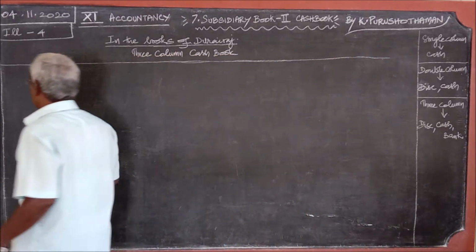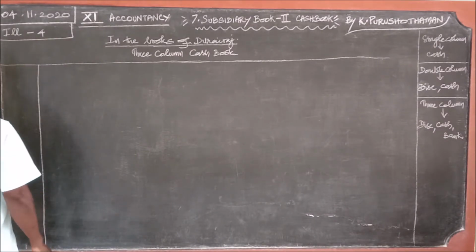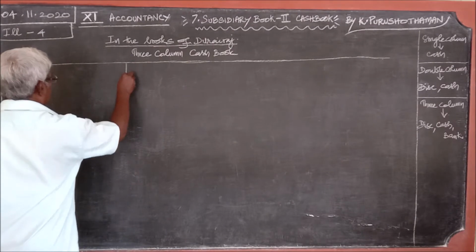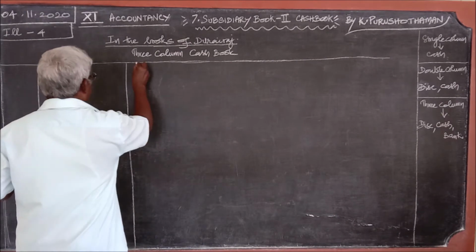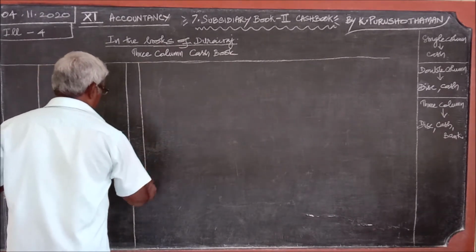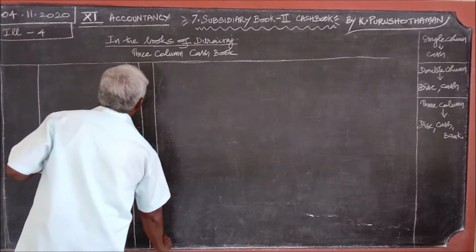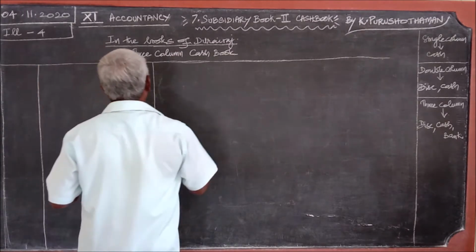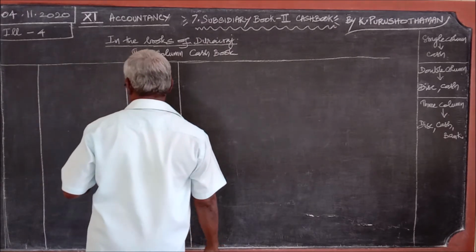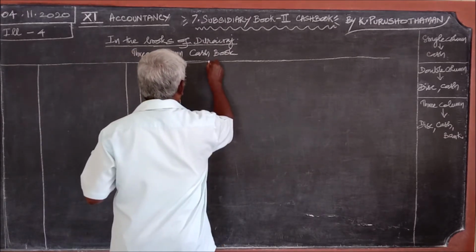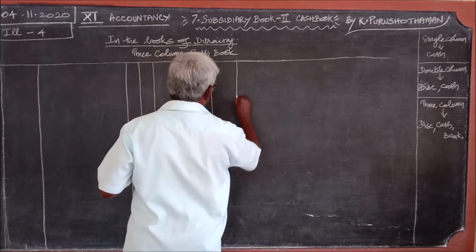Under this, the first column for dates, second column for particulars, third column for receipt number, fourth column for ledger folio, fifth column for discount allowed, sixth column for cash, seventh column for bank.